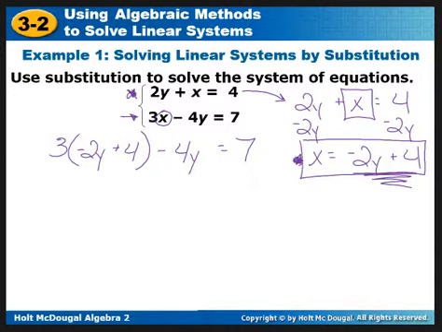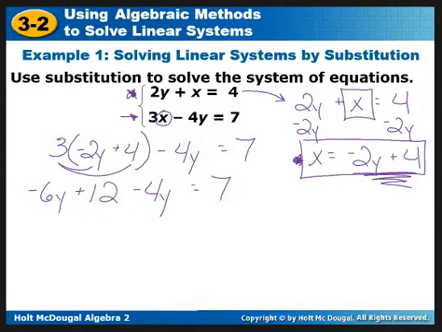So continuing on here, I'm going to distribute the 3. I'm going to get negative 6y plus 12. I still have this minus 4y, and that's equal to 7. Again, the entire goal here is to solve for y now. So I'm going to combine the negative 6y and the negative 4y.